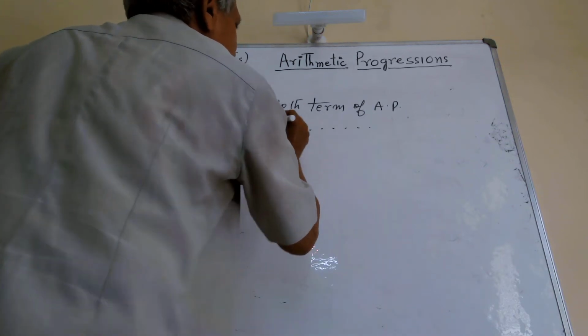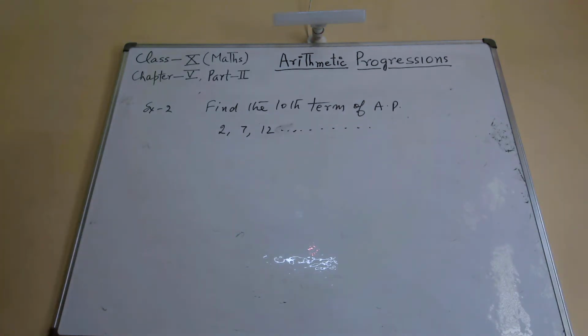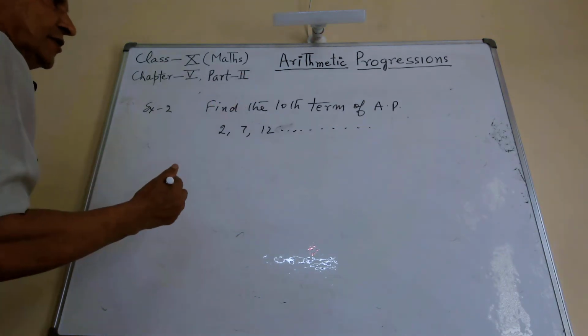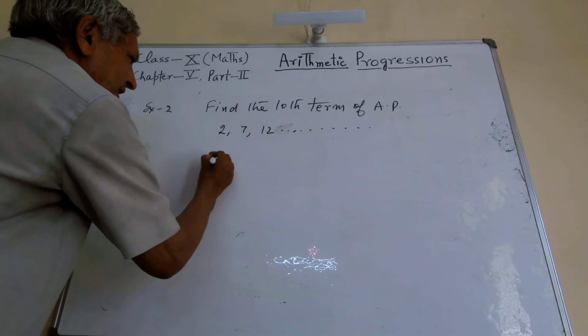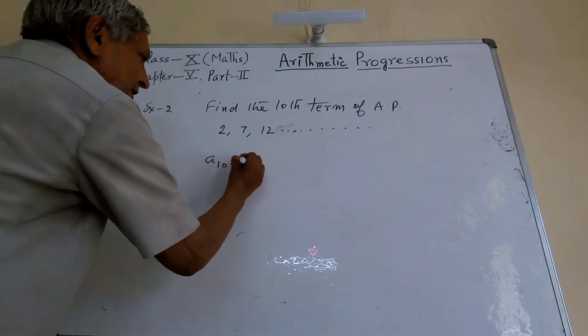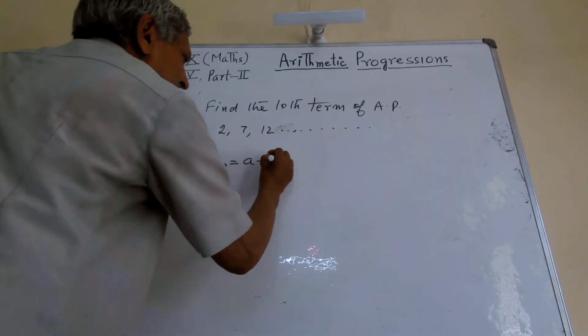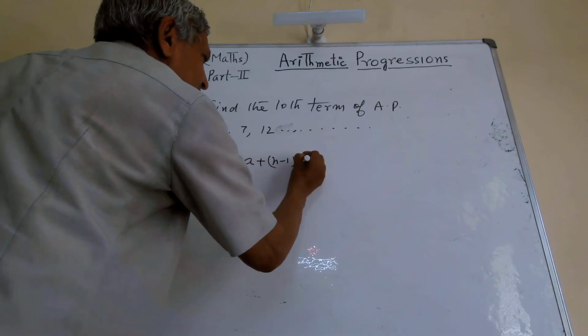This is the AP series and we have to find the 10th term. The 10th term means a10 is equal to a plus n minus 1 into d.